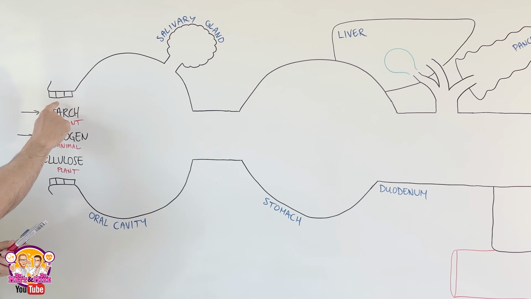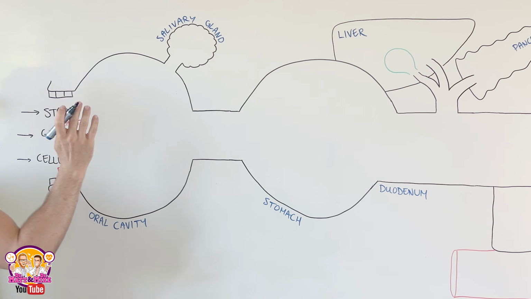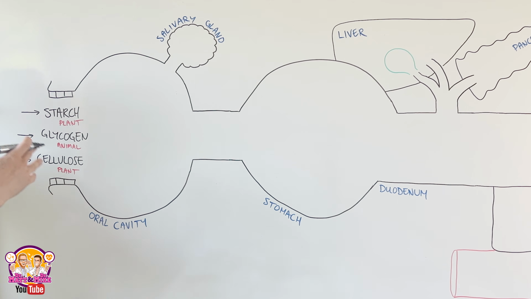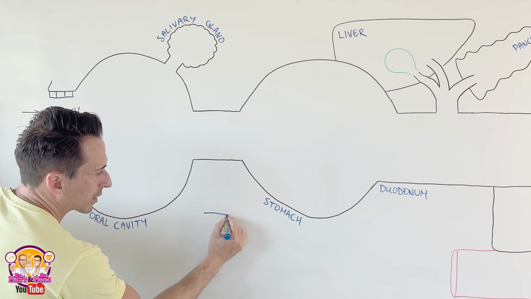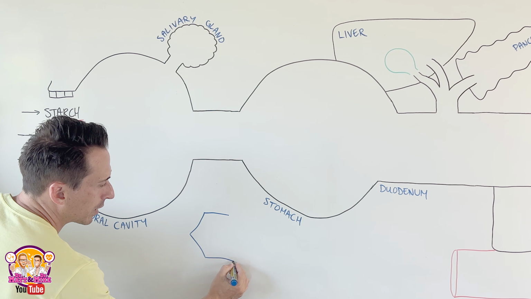Now, if I were to draw up both starch and glycogen, they look quite similar. They look like this. So remember, a basic glucose or fructose or galactose sugar molecule is a 6-carbon molecule. So effectively it looks like this. It's a 6-carbon ring.